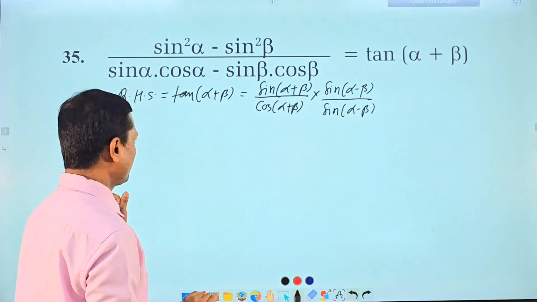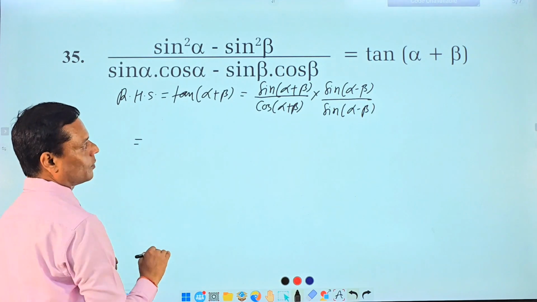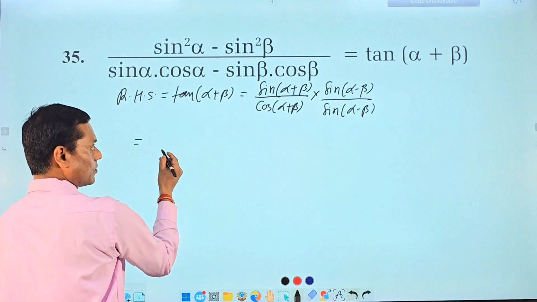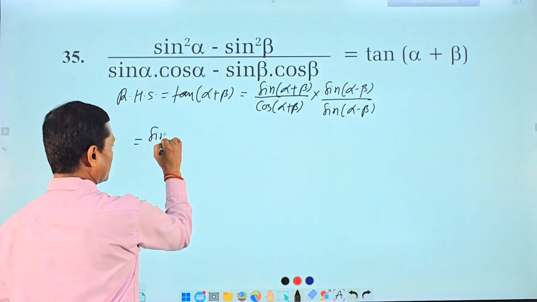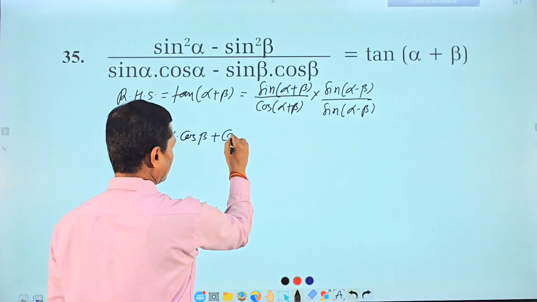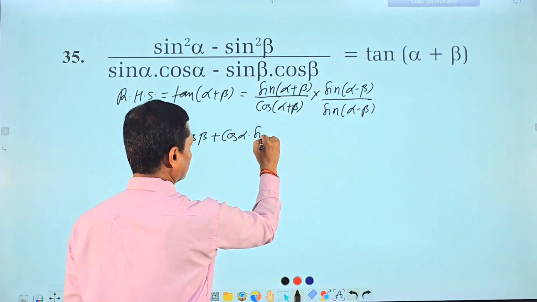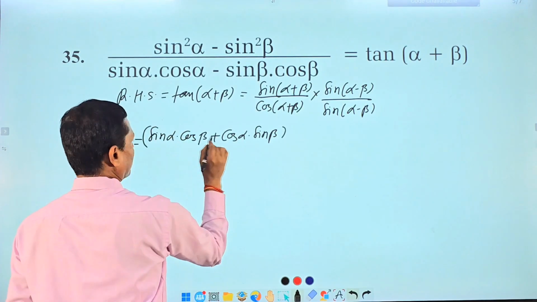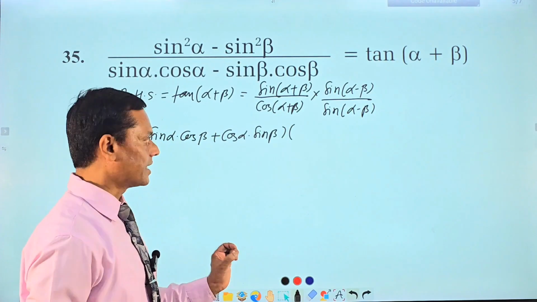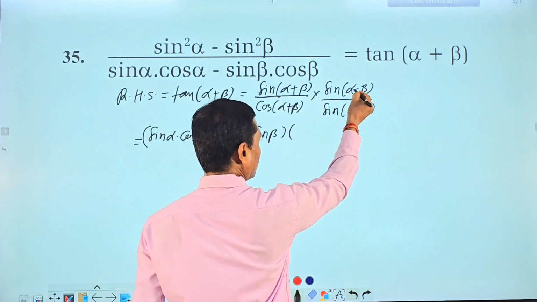Clear? Okay. Now we are going to apply compound angle formula. So sin alpha plus beta means sin a plus b, that is sin alpha dot cos beta plus cos alpha dot sin beta. Here alpha is at the place of a and beta is at the place of b.